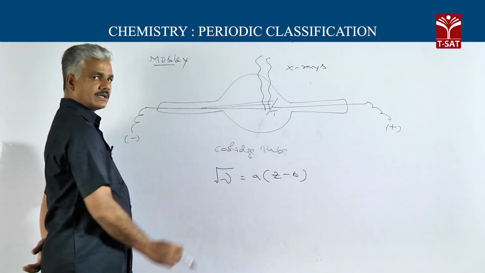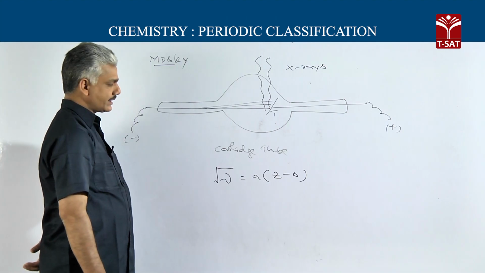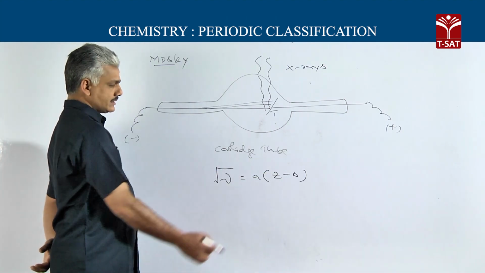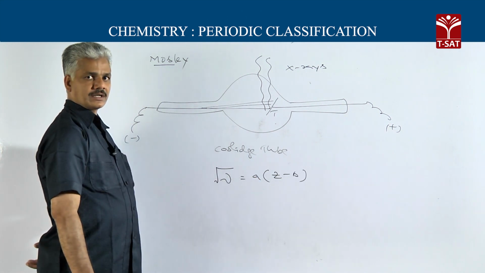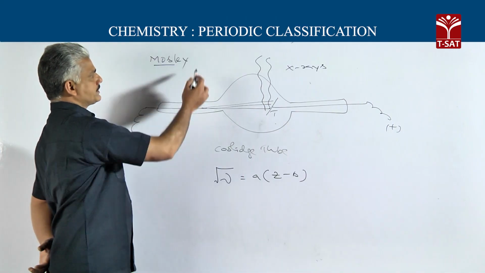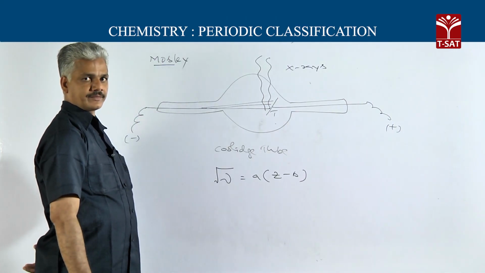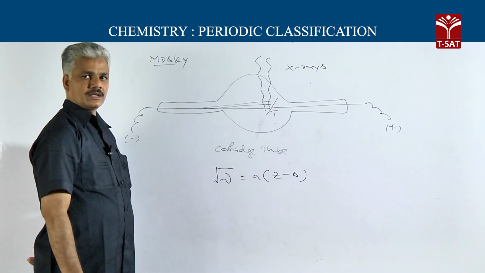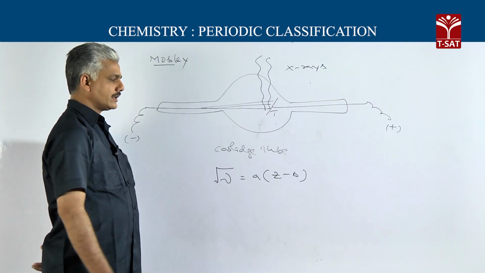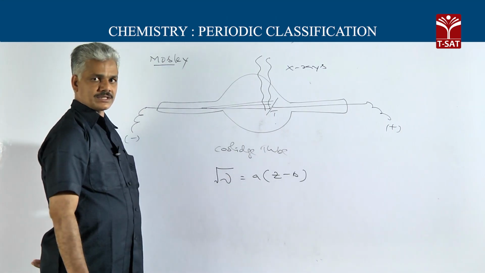Here mu is called the frequency of the X-rays generated, A and B are called Moseley's constants, and Z is called the atomic number of the element. So, from this relation he pronounced the modern periodic law, which says the physical and chemical properties of elements are dependent on the atomic number of the element.